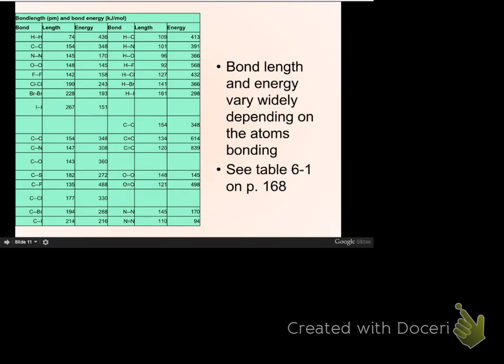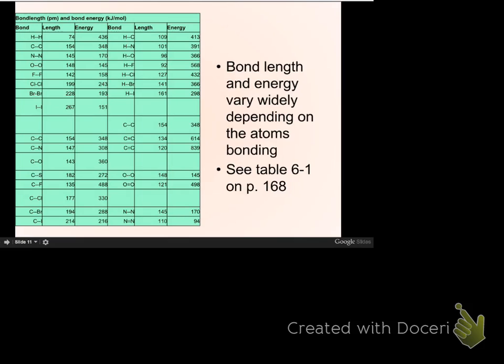When that rubber band gets fatter, when you've got 5 rubber bands on there instead of 1, it's going to hurt more when it snaps back. Those shorter bonds actually contain more energy.